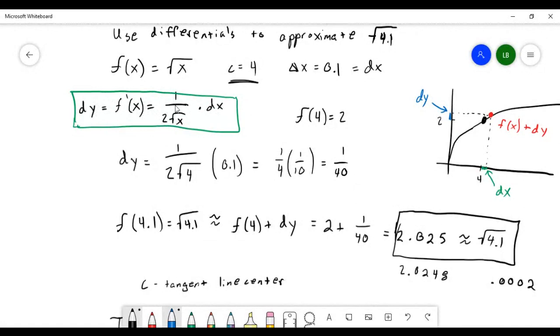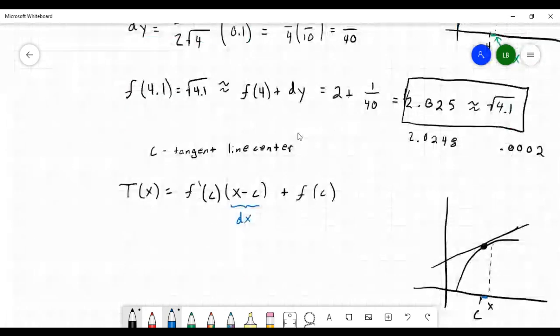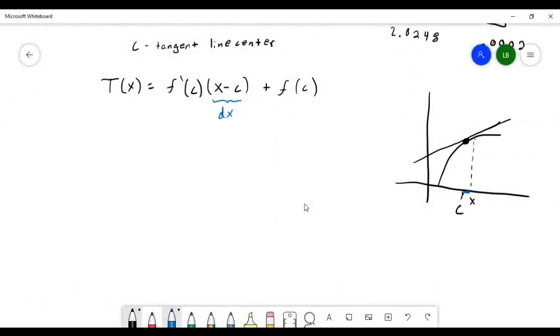Here we had f prime of 4, which gave us 1/4. And f prime of c times our change in x is our dy, and then this is our f of c, which is essentially our initial value here. So our approximation is just our literal y value plus a change in y. So that's kind of where it comes from.